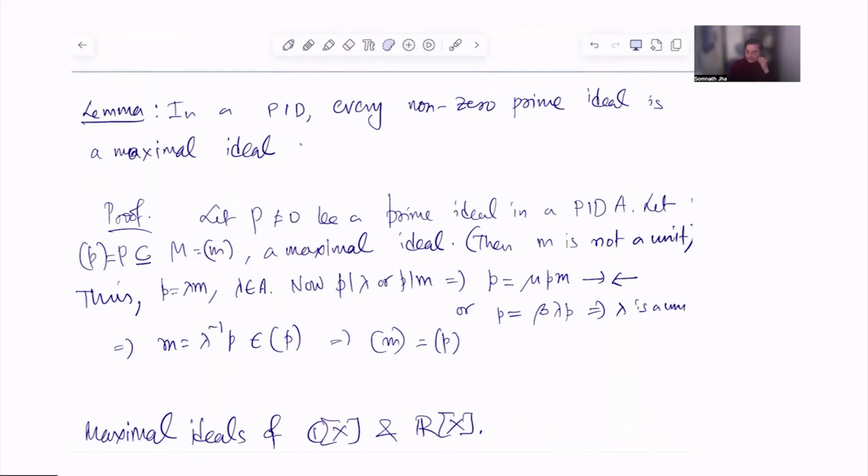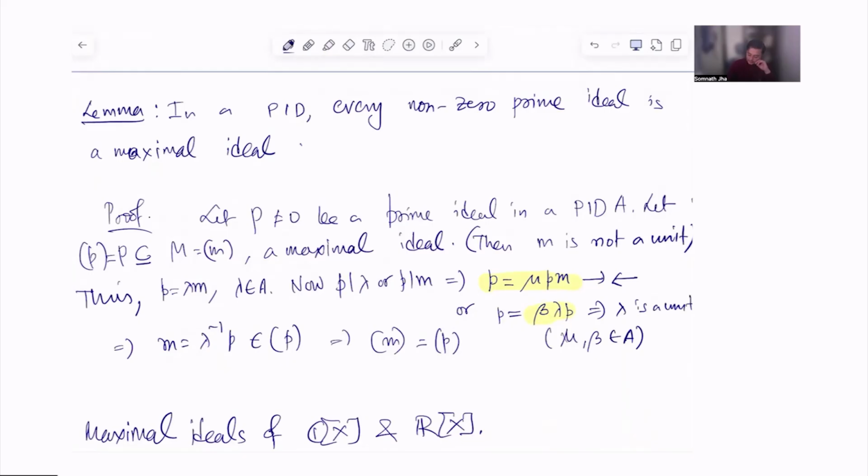In either case, if P divides lambda, then lambda equals mu times P, or if P divides m, then m equals beta times P, for mu and beta in this ring A. So in either case you can cancel P from both sides, right?